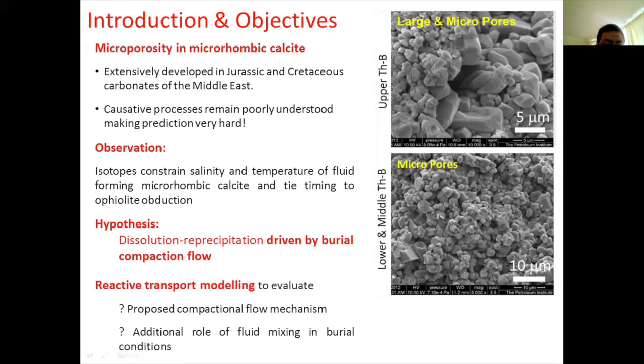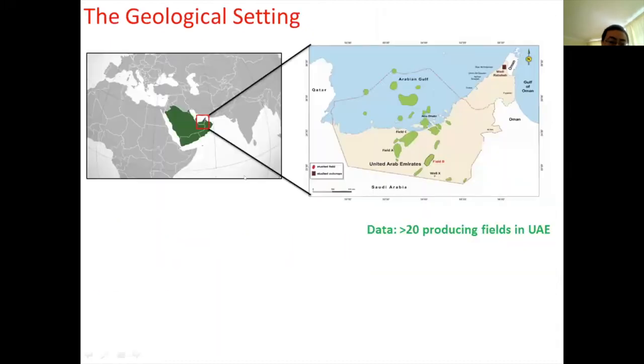In this study we use reactive transport modeling to evaluate the proposed compaction flow mechanism. In addition, we also evaluate the role of fluid mixing in burial conditions in the development of microrhombic calcite and microporosity.